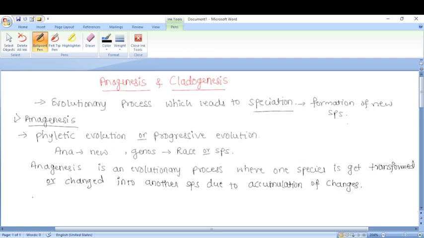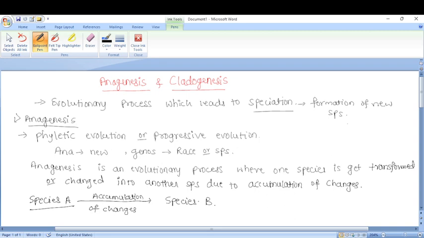See here is a species A. This is the original or ancestral species. Over a period of time, there will occur an accumulation of changes in this species A. Due to this accumulation of changes, species A gets transformed into species B. This is nothing but anagenesis.